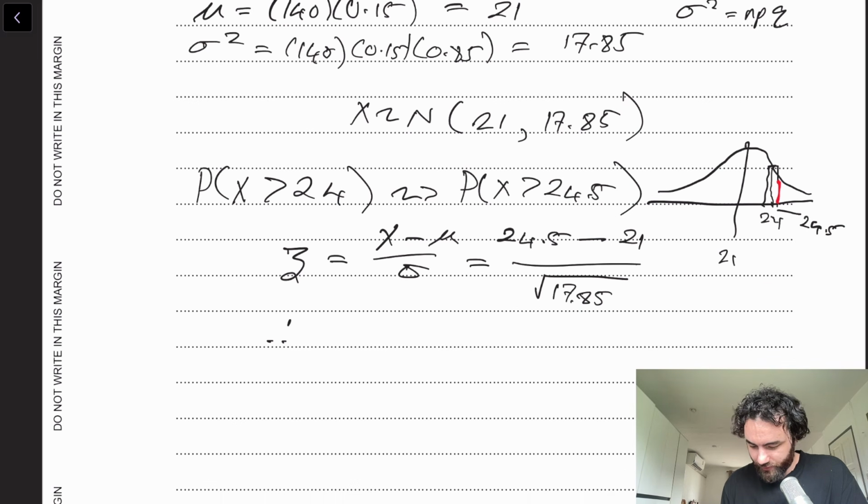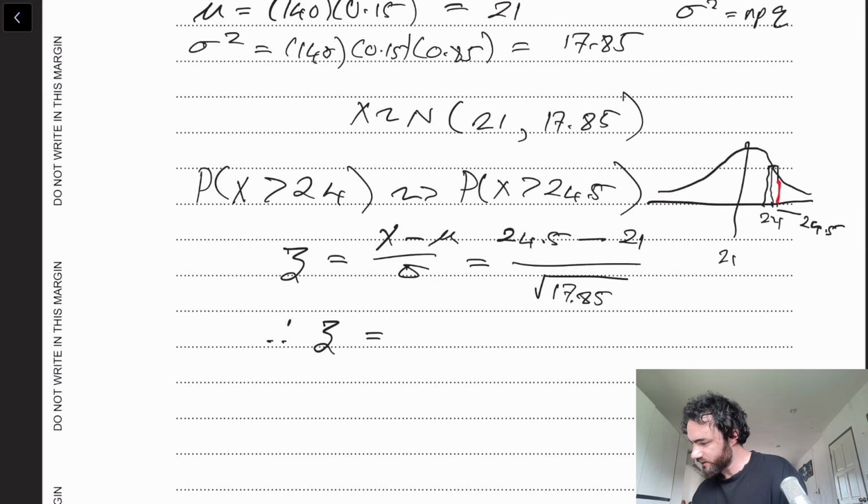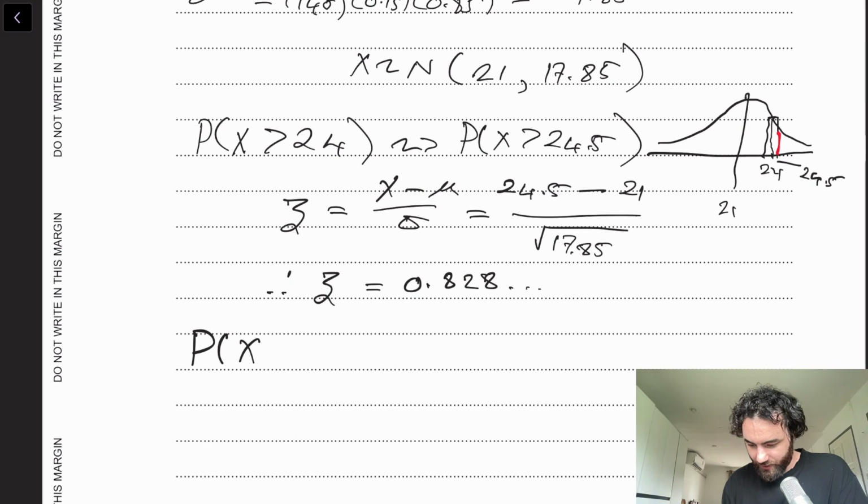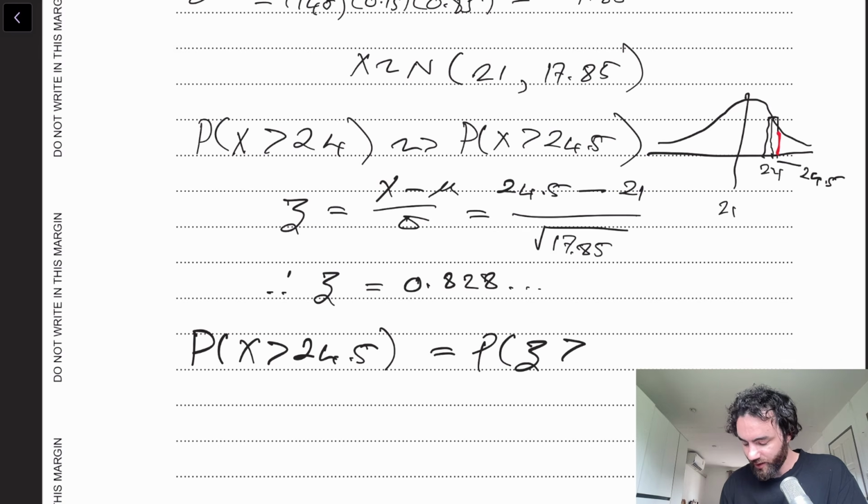So the z value equals 24.5 minus 21 divided by the square root of 17.85. This gives us 0.828. So the probability that x is greater than 24.5 is equal to the probability that the standardized variable is greater than 0.828.